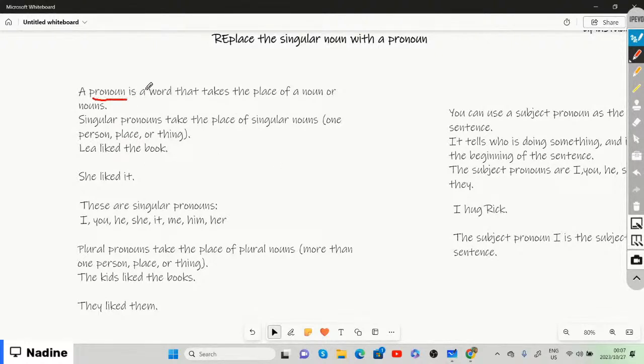So instead of constantly saying the person's name, you can just, for example, say I or my or they or she or he and so on, which refers to that specific person.